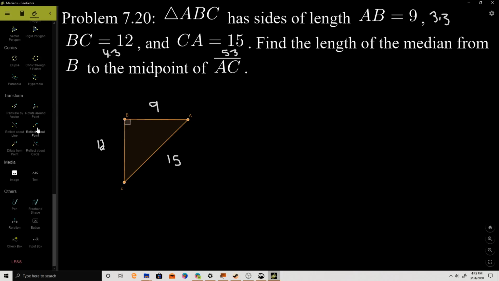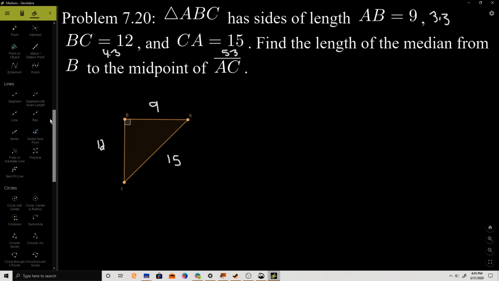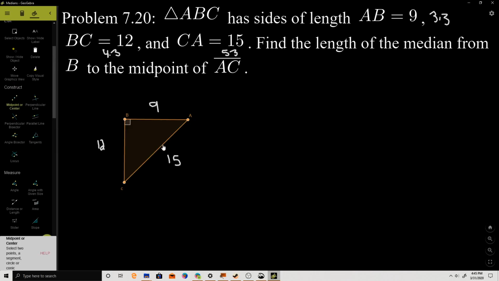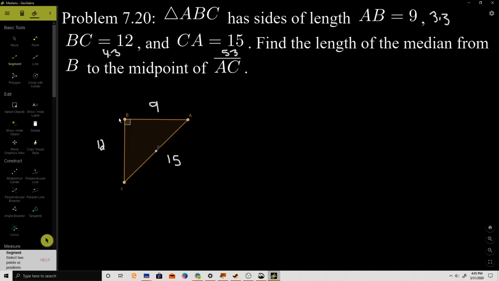Okay? So, let's draw that median out using our midpoint tool. You got that midpoint of P, draw the median like that.